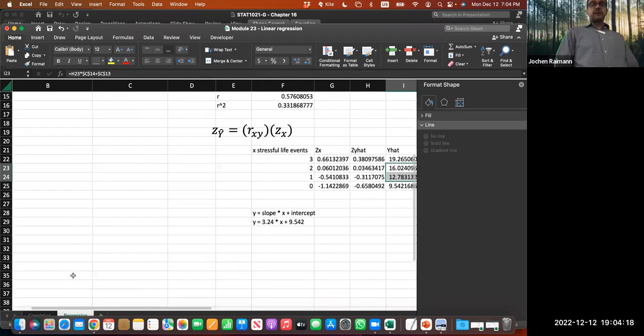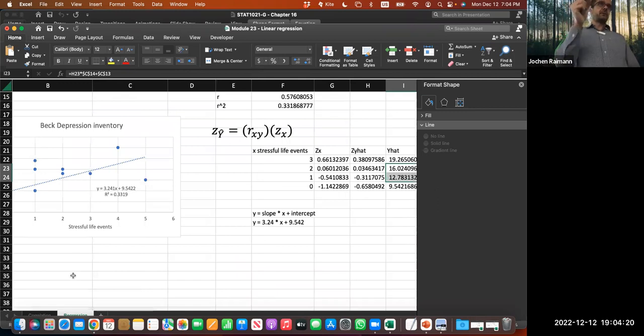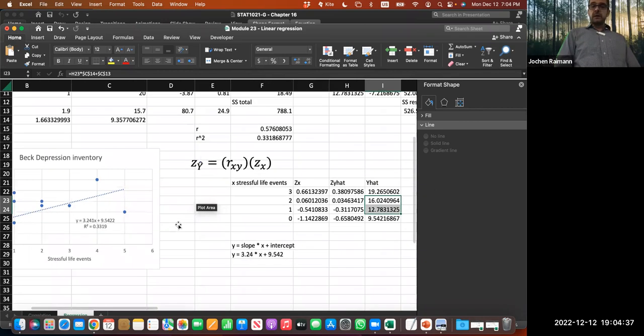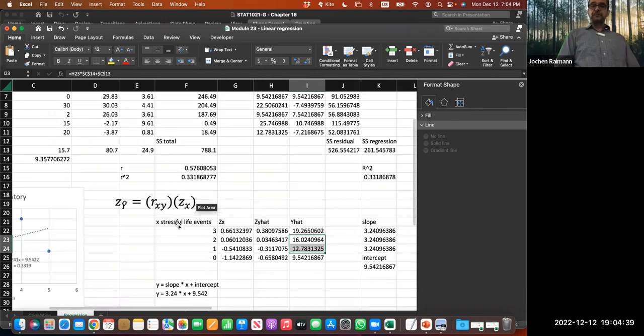The slope again is the increase in the dependent variable with a 1 unit increase of the independent variable, and the intercept is the numerical value of the dependent variable where the independent variable equals 0, and that will never change. That's always the same formula.